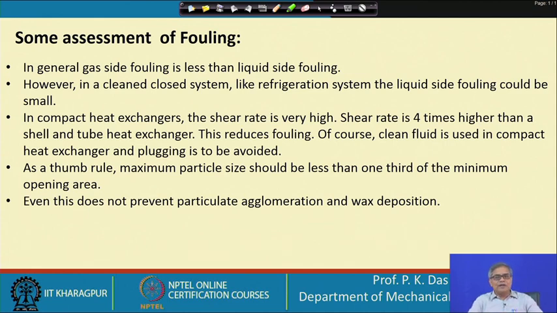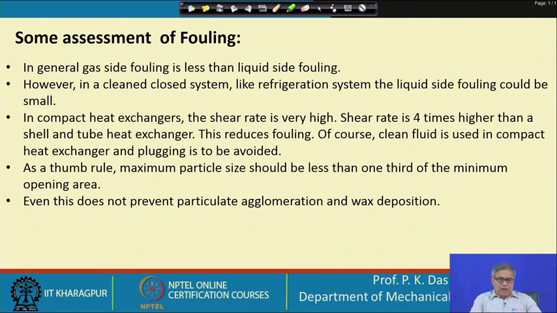But in many cases we think of only the particles which can be there in the circulating liquid. These particles sometimes agglomerate. We have considered only the base size of the particle, but during circulation and with time there can be agglomeration, wax deposition, etc. So, there are different reasons that even after taking all the precautions, there could be some fouling in a compact heat exchanger.